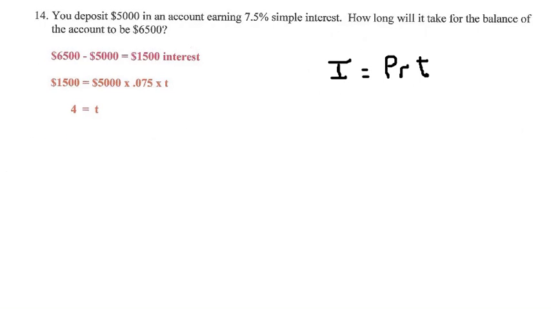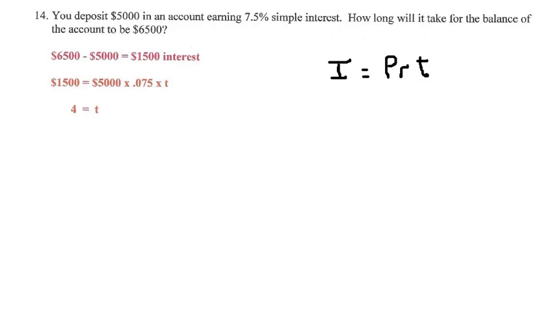Number 14, you deposit $5,000 in an account earning 7.5% simple interest. How long will it take for the balance of the account to be $6,500? So right here we're looking for how long, so we're talking about time. We know our principal. We deposit $5,000. We know our rate, 7.5%. So here we have to know our interest.